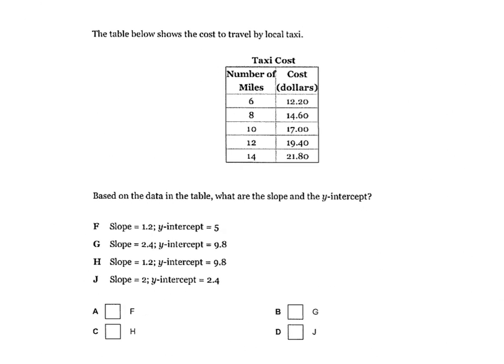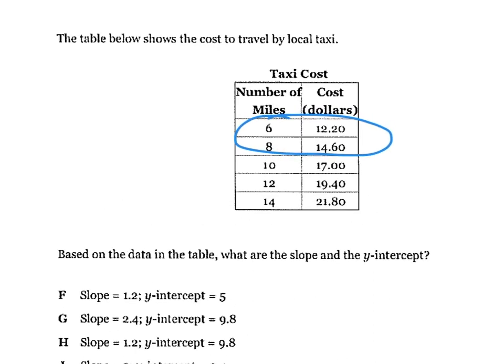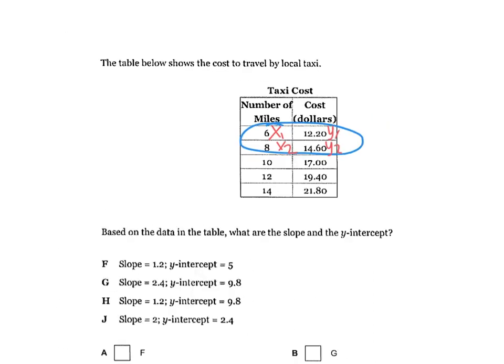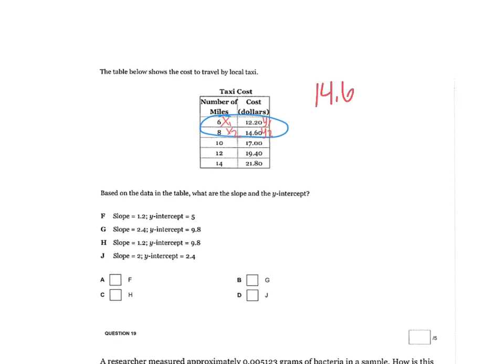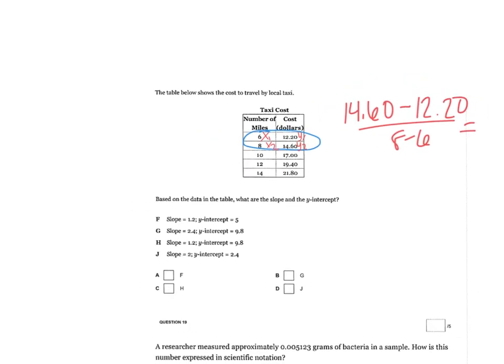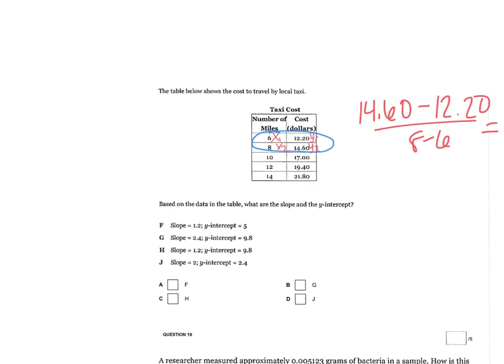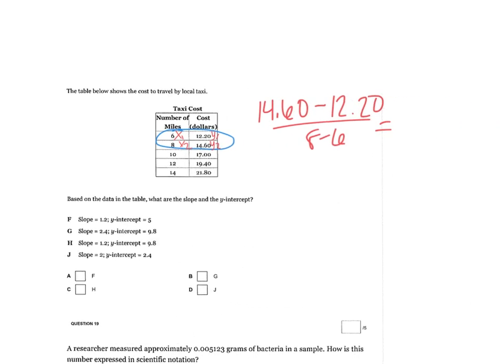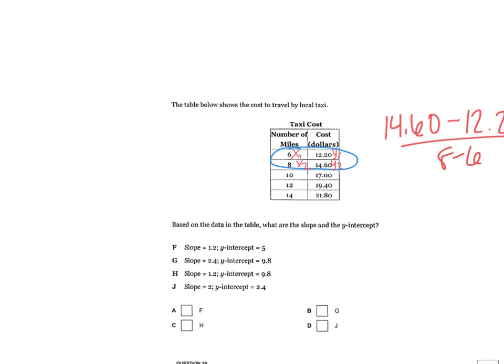For slope and y-intercept, I would just use the two smallest. So x1, y1, x2, y2. So that would be 1460 minus 1220, and then 8 minus 6. And from there, since there's 2 of each of the slopes, once you get your slope, you're going to have to work backwards.